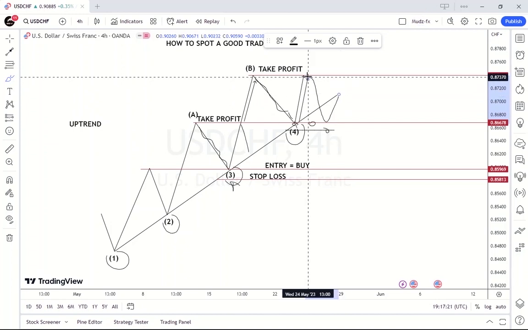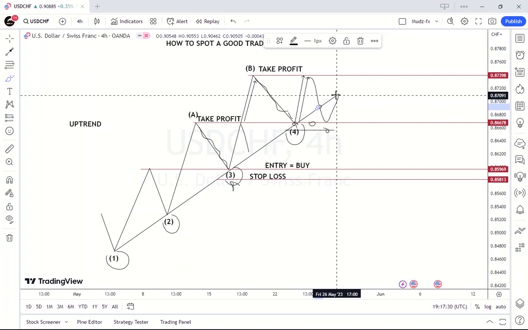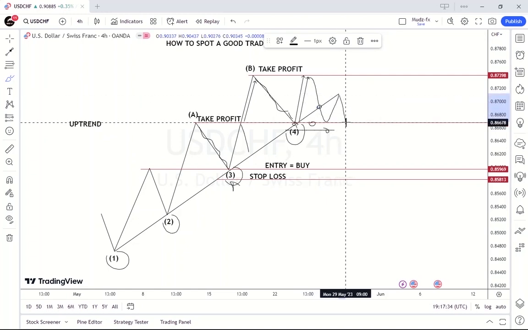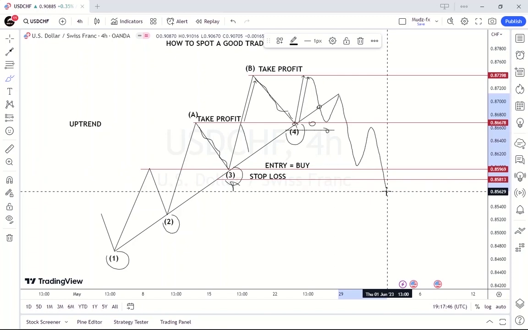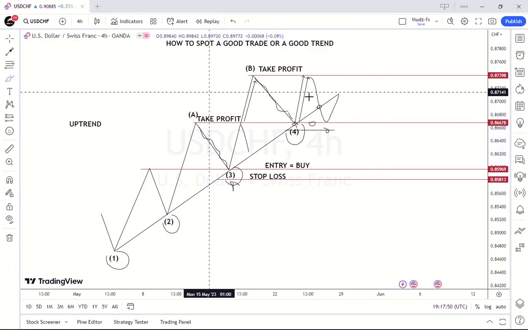We'll see the market failing to break this resistance, then going back down to break this trend line, making a lower high, and then breaking this support, making lower highs, doing the opposite of an uptrend.